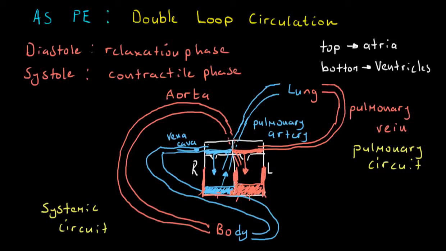I wonder if you would know why that might be the case. Well, the answer is that to pump blood from the left ventricle round to the whole body, rather than just a few centimetres up to the lungs, which is what the right ventricle does, is a much longer, tougher journey. So the left ventricle needs to contract with greater force than the right ventricle.